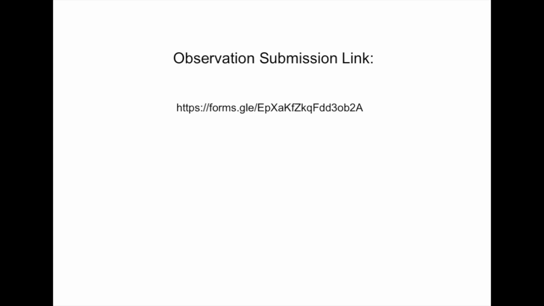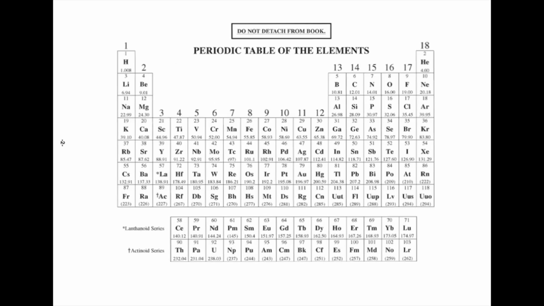So one of the skills that we're going to have to be able to do to investigate the two objectives that we have for this lab is that we're going to have to be able to do mole conversions. So from mass to moles. And so just so that we're all on the same page here, I have included a periodic table here so that you can find the molar mass of each of the elements.